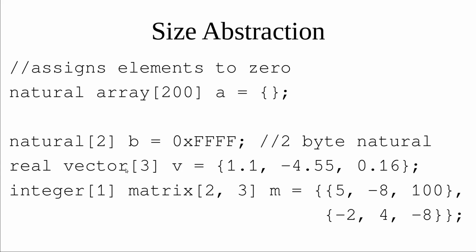And here's the vector type. Of course, this uses the size abstraction as well, so real vector. Just make some vectors really nicely without having to do much work. An integer of 1, so it's 1-byte integers now, and the matrix is a 2x3 matrix, and I just have it right here.